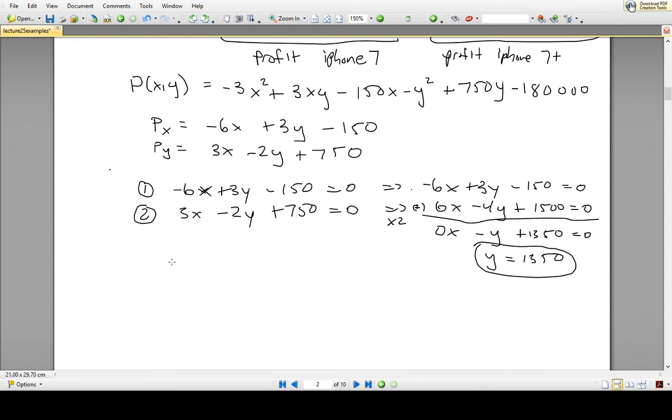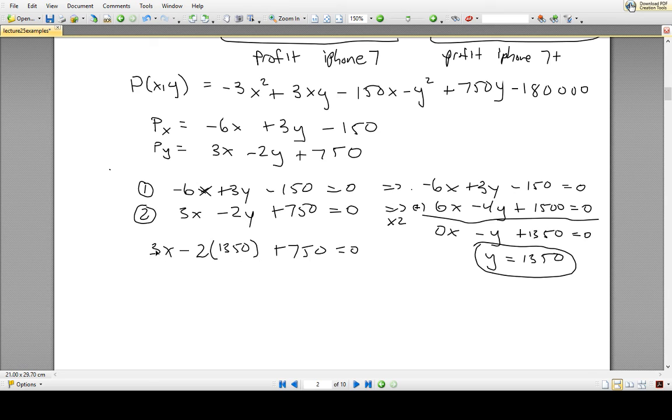So let's put that into either of these equations, equation 1 or equation 2. I'm going to put it back into equation 2 because it's easier. So we have 3x minus 2 times, I now know what y is, 1,350, plus 750 equals 0.